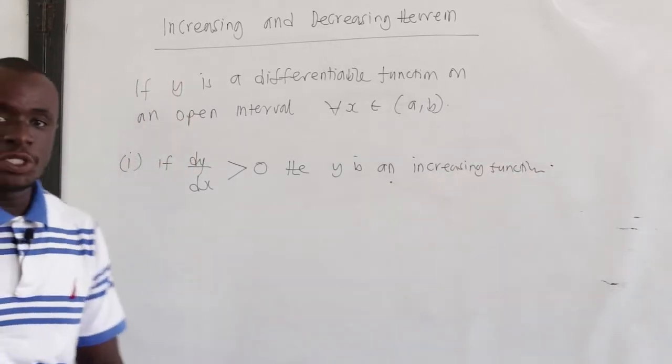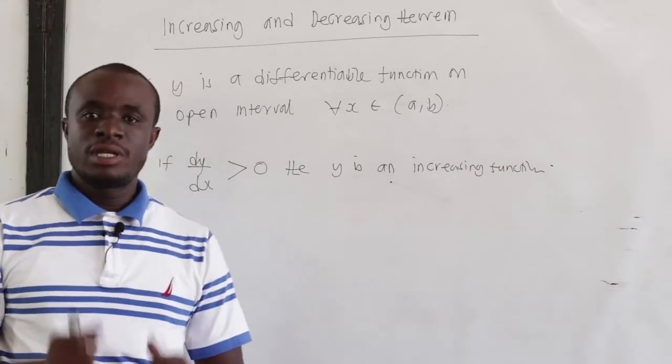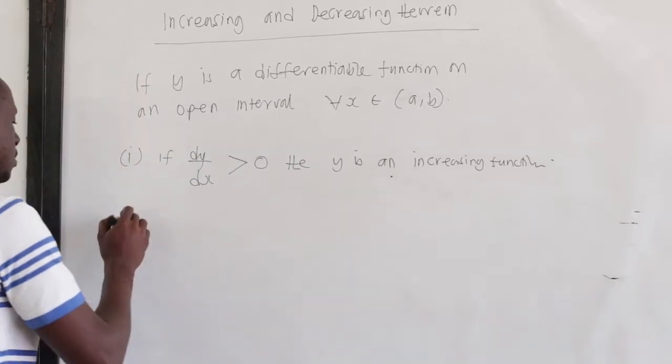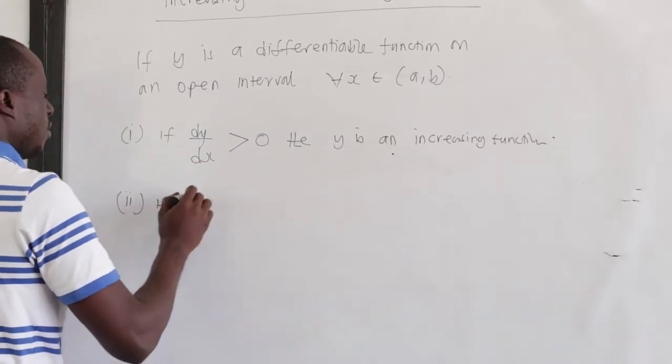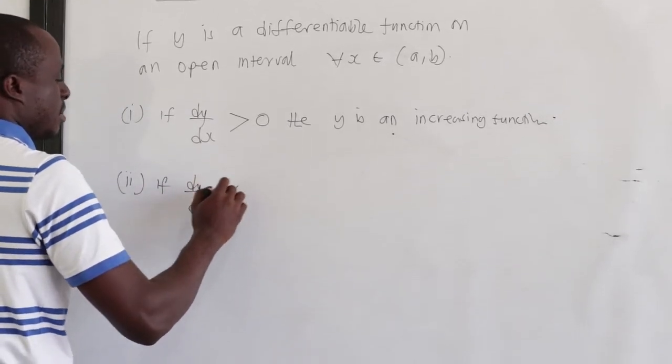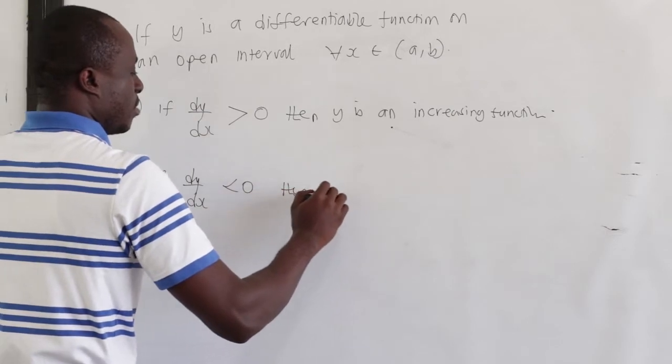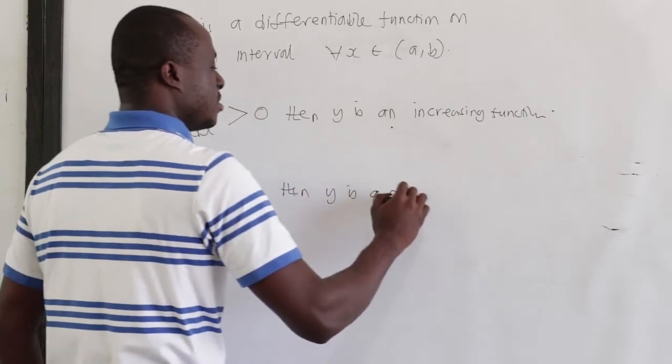So when we differentiate and it is greater than 0, then we say it is an increasing function. On the other hand, if dy/dx is less than 0, then y is decreasing.